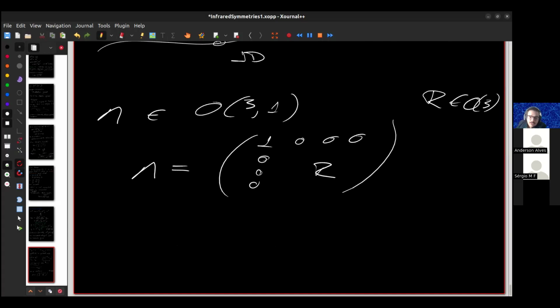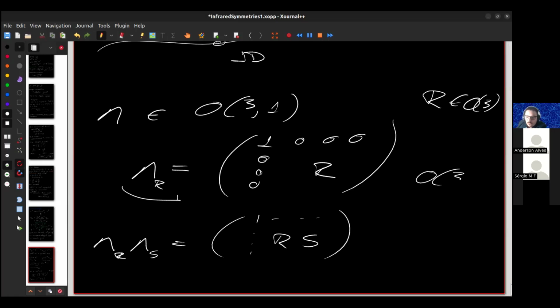And here you see that this family of lambdas are matrices that are going to compose in the very same way. If you have lambda R and lambda S, the product of them is going to be 1, RS. So you see that the family of these lambda R's is essentially the same thing as the orthogonal group, essentially O3.